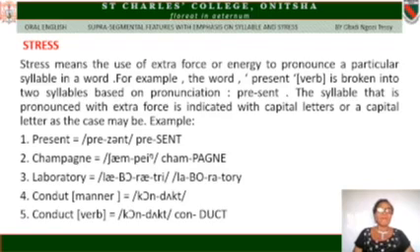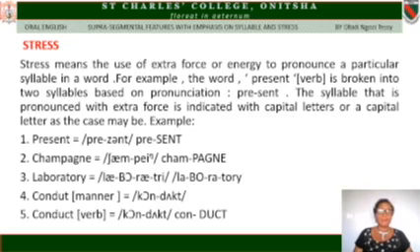2. Champagne. Not champagne, but champagne. 3. Laboratory. Laboratory. 4 syllables. 4. Conduct. That is manner. Conduct. Manner. 5th.